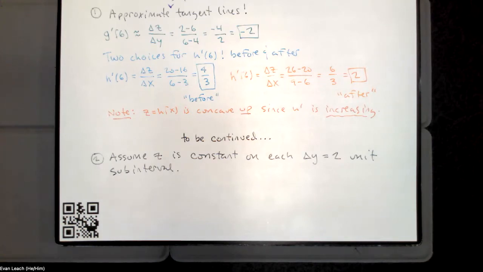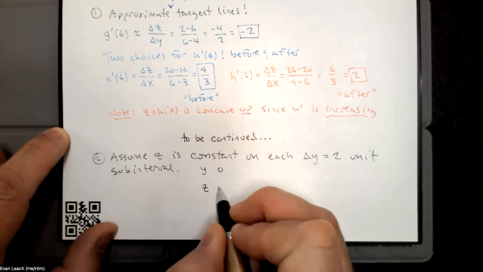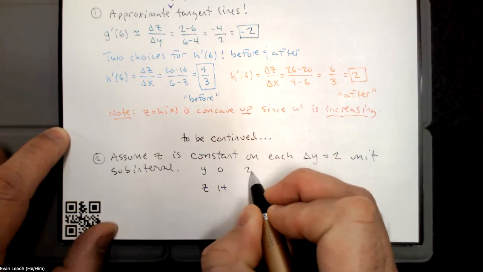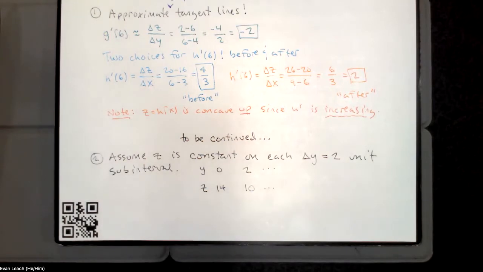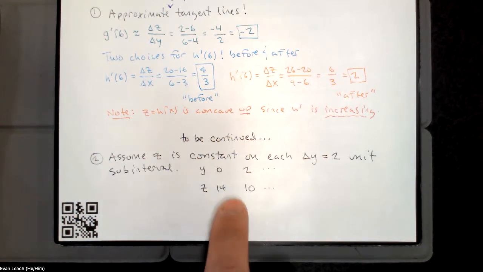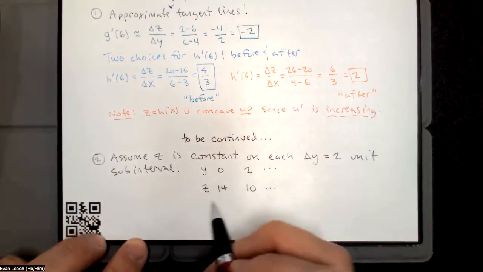On that first subinterval, an overestimate for the value of g will be 14, and an underestimate will be 10. So the most we could get from that interval is 14 times 2 for an area of 28. So our overestimate is going to be 14 times 2, 28.